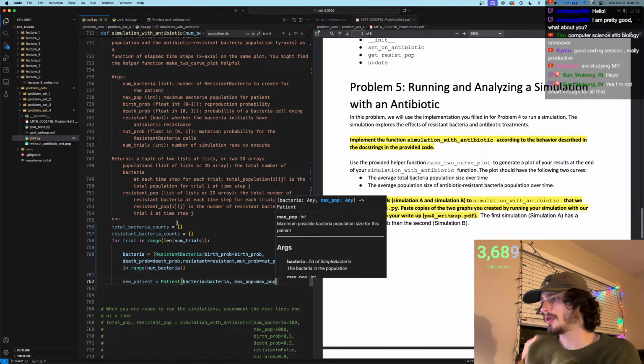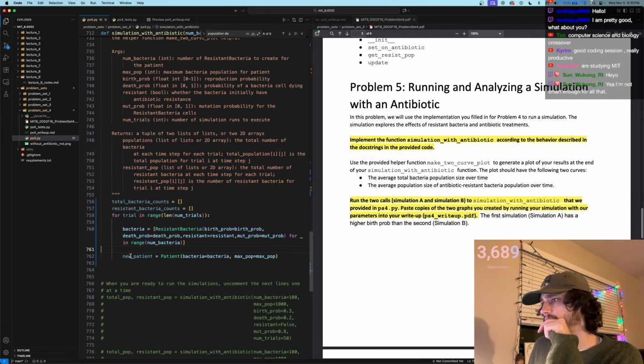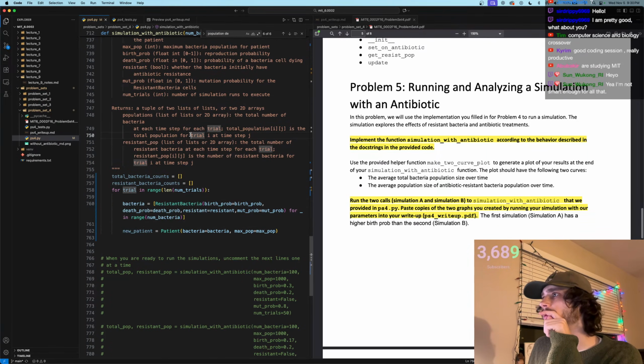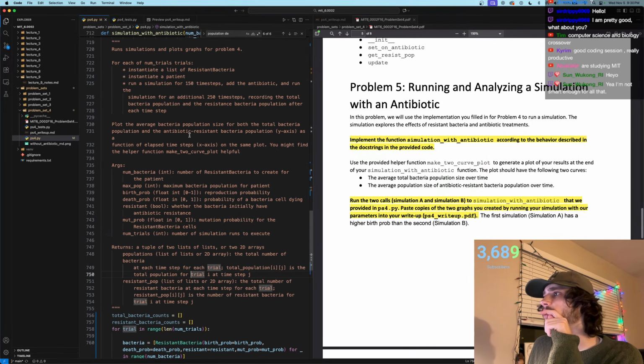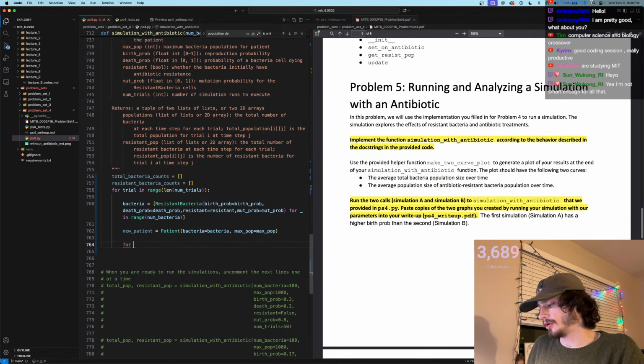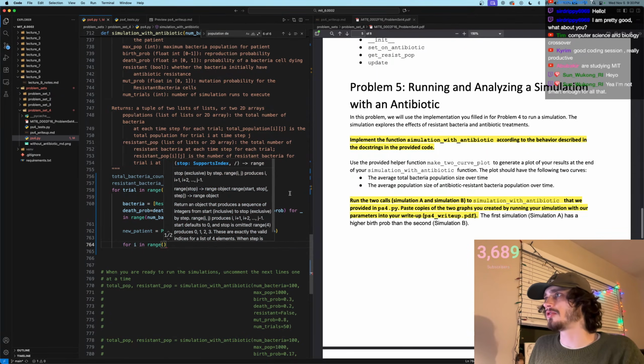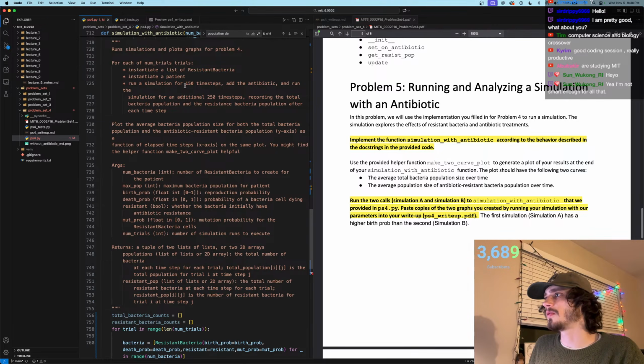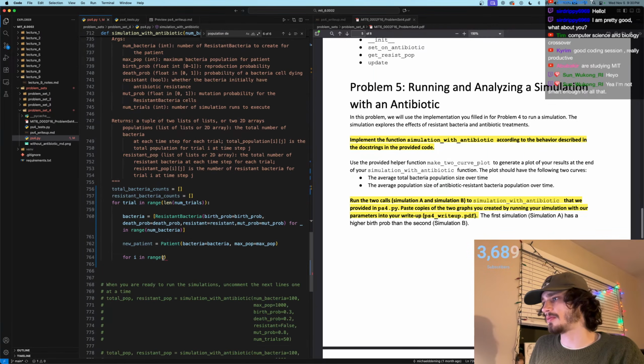Okay, and now we have a new patient object. So what we're going to do is run it for 150 steps. So for i in range, we're going to do it in a total of 150 plus 250, 300 steps, right?